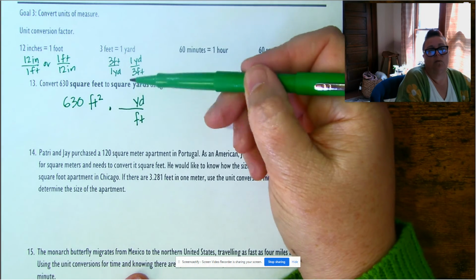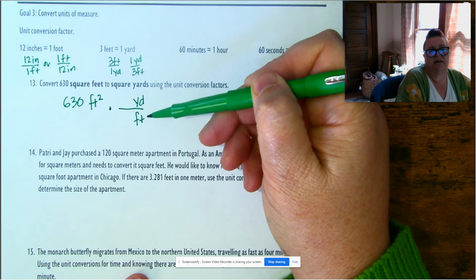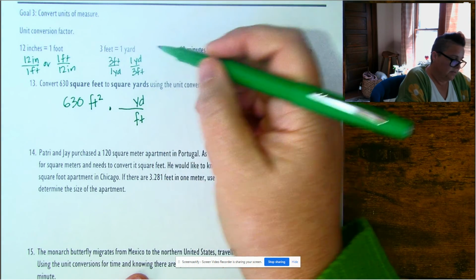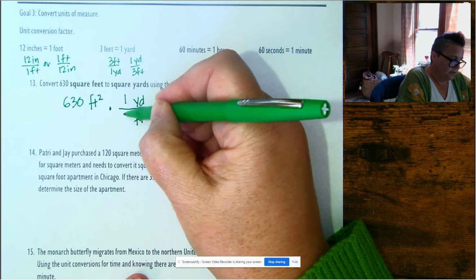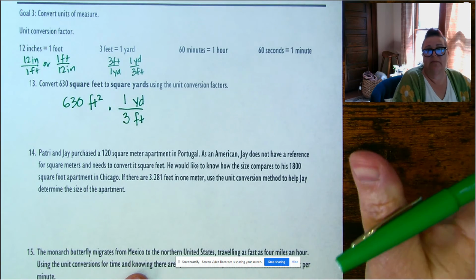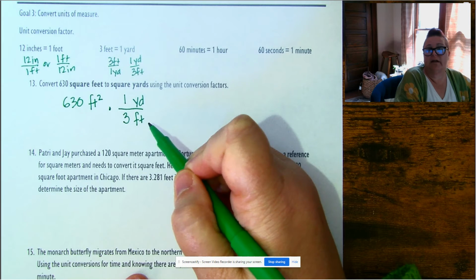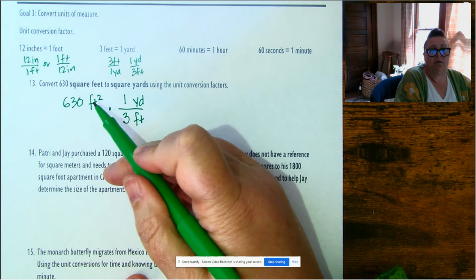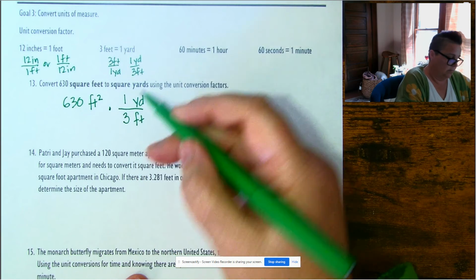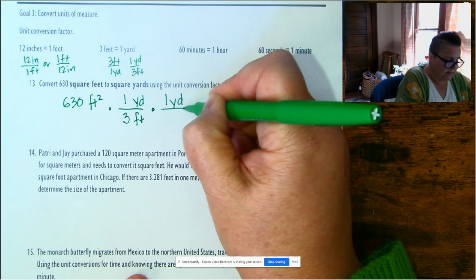That tells me that when I use my conversion fact, I want to make sure my feet are in the denominator and the yards are in the numerator. That also tells me the placement of my numbers. I know 1 yard is 3 feet. The problem that remains here is that these feet are squared and these are not. So I will cancel the feet squared with the feet, but it's only going to cancel one of them. So I need to either square it or to write this down a second time.